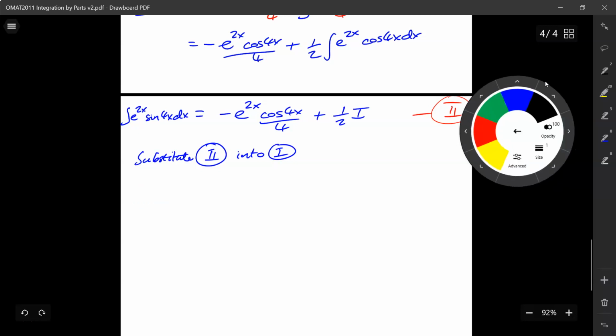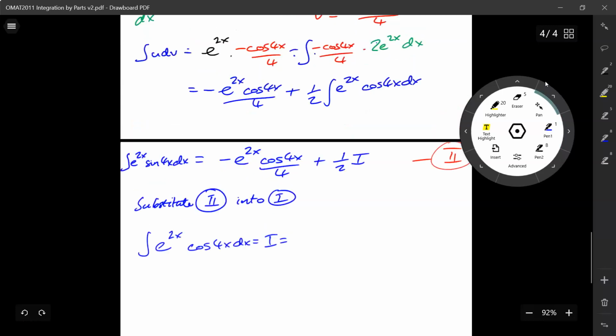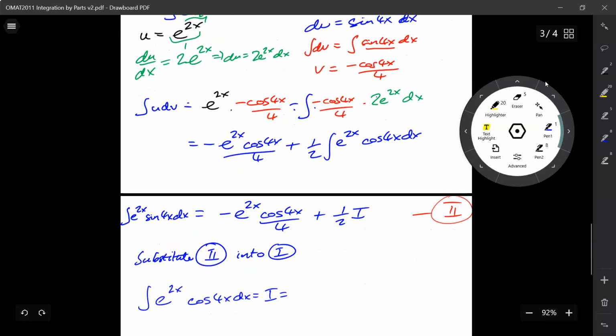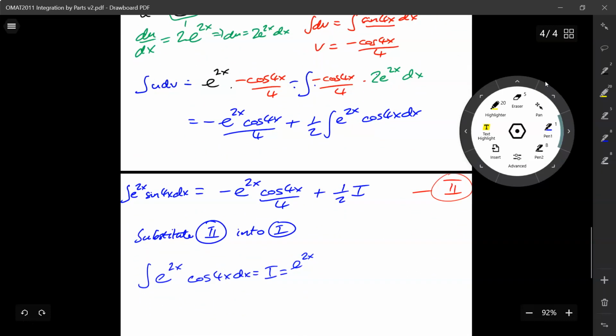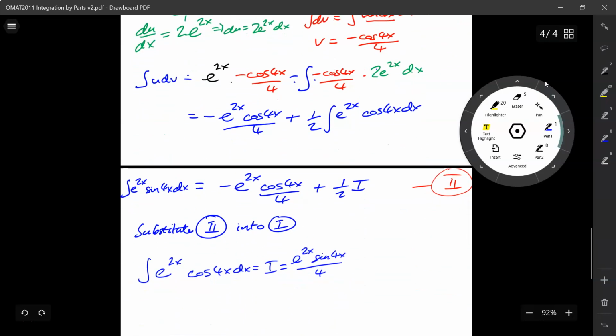If I write out equation 1 again, the integral of exponential 2x times cosine 4x dx, which happens to be I, is equal to, going back up to equation 1, exponential 2x times sine 4x over 4 minus a half times the integral of exponential 2x times sine 4x dx.